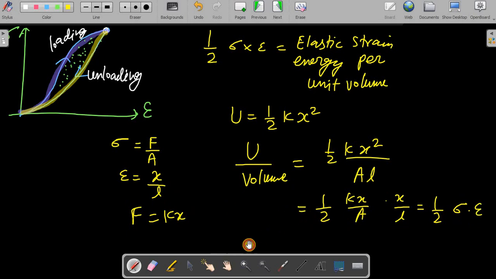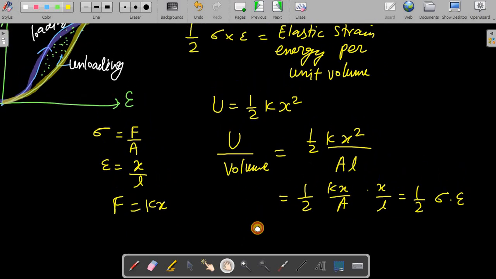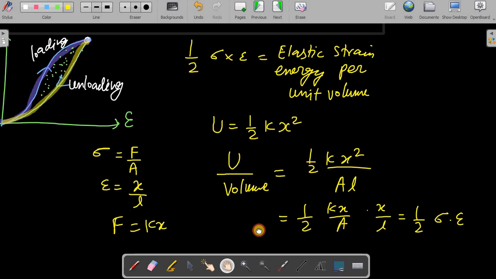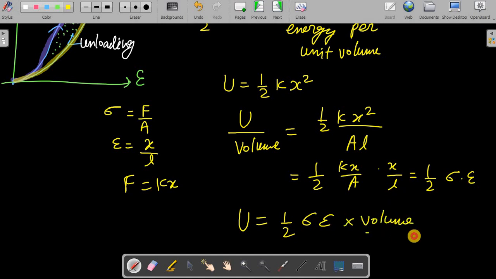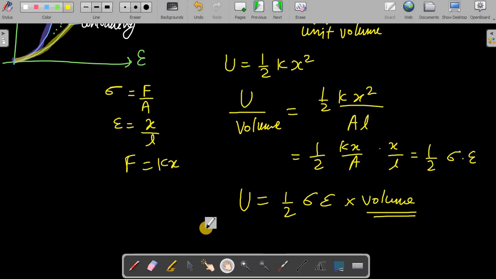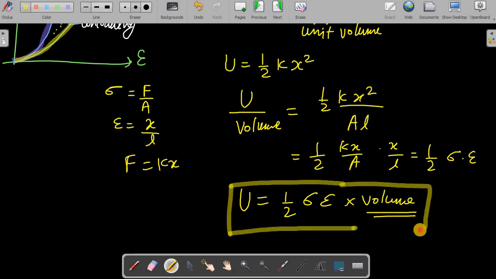So half stress into strain, that represents the elastic potential energy per unit volume, or energy density. So if you want to write it as potential energy, it is half stress into strain into the volume, right? This is the important formula to calculate the energy stored in that material.